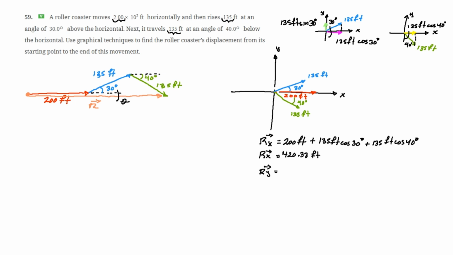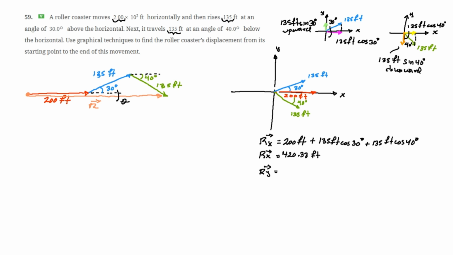And then this other vector that you see here, that is 135 with 40 degrees with respect to the horizontal, we have also a y component, but its y component points downward. When you make the projection, it points downward. So this is 135 feet sine of 40 degrees. So you have one vector pointing outward, that is this one, and you have this other that points downward.